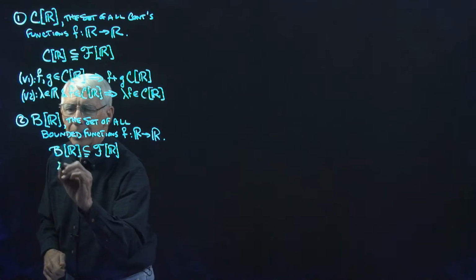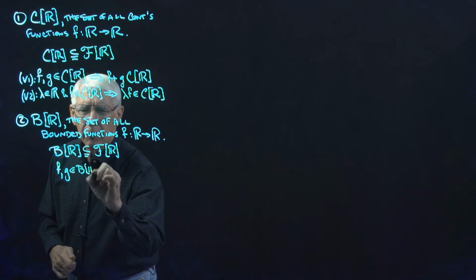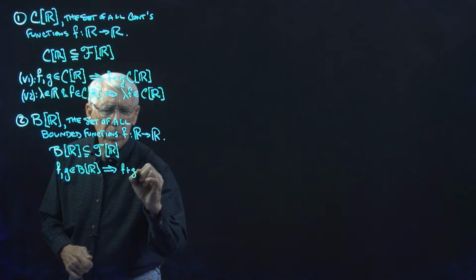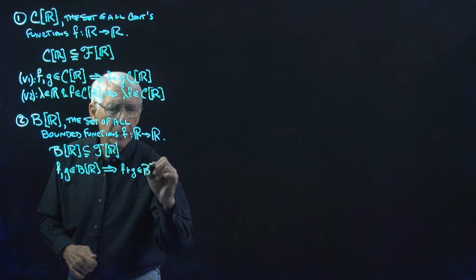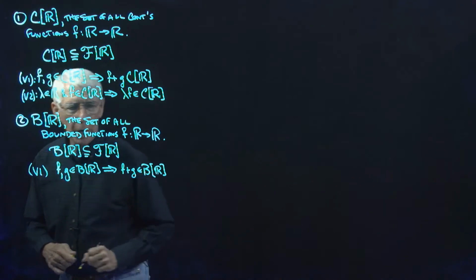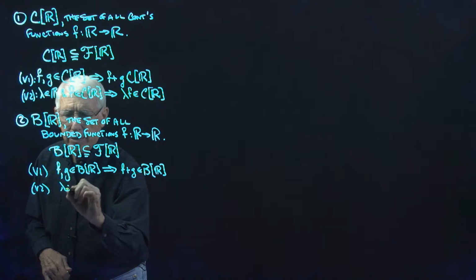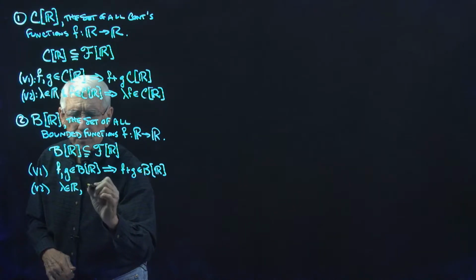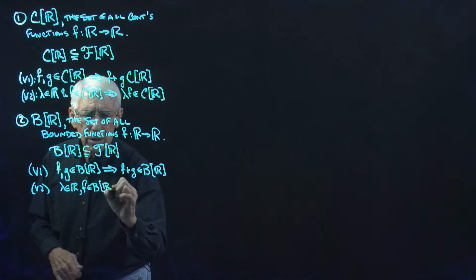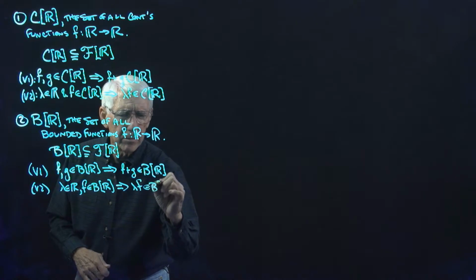F and G in B of R implies F plus G in B of R. That would be V1, and V2 would be lambda in R and F in B of R implies lambda F in B of R.